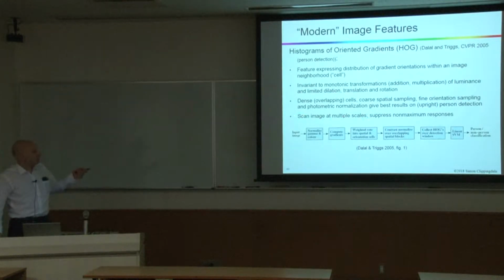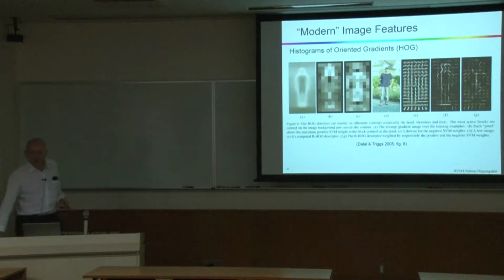You scan the image at multiple scales, suppress non-maximum, and away you go. Don't worry too much about the details, but here's an example. Essentially, here's somebody. Here are orientations measured with oriented filters at several regions around this guy's body.